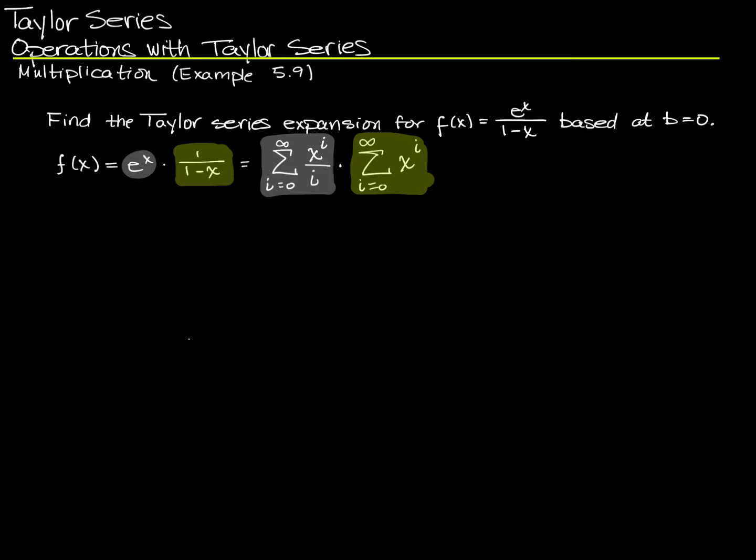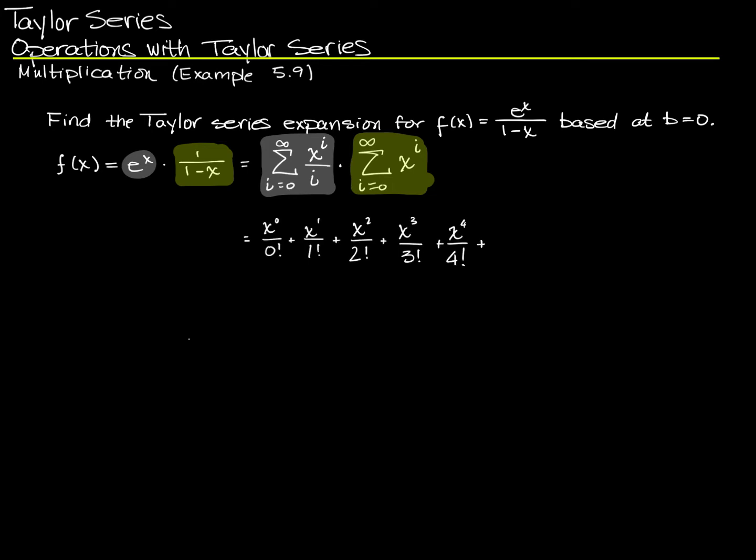Now, in this case, because I'm trying to demonstrate where the formula that we're going to use comes from, I'm going to take a moment and write out the first few terms of the Taylor series for e to the x. I'm going to get x to the power of 0 over 0 factorial plus x to the power of 1 over 1 factorial. I think I'll do 5 terms. x squared over 2 factorial, x cubed over 3 factorial, x to the 4th over 4 factorial.